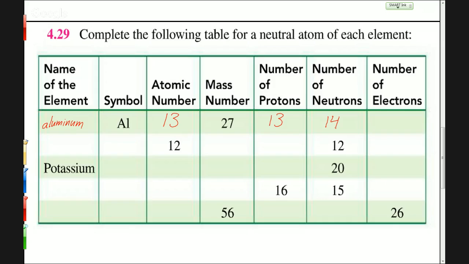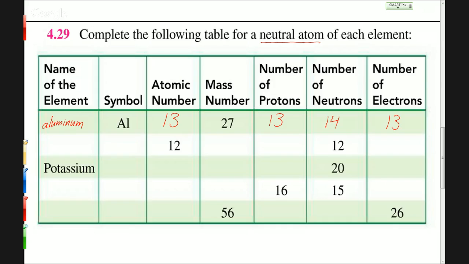And then how many electrons? 13, yeah. That's right. In a neutral atom, that means that the positive charges from the protons have to balance out with the negative charges from the electrons. So you have to have as many protons as electrons, and those balance each other out.